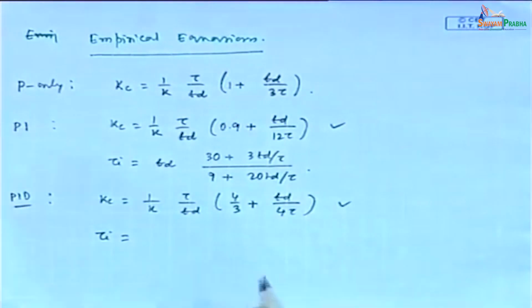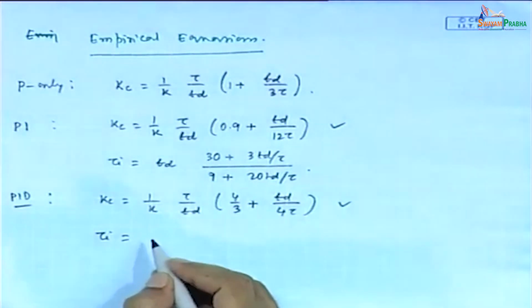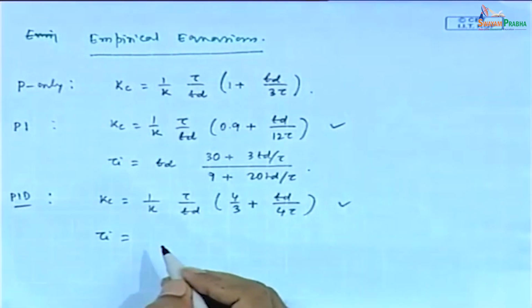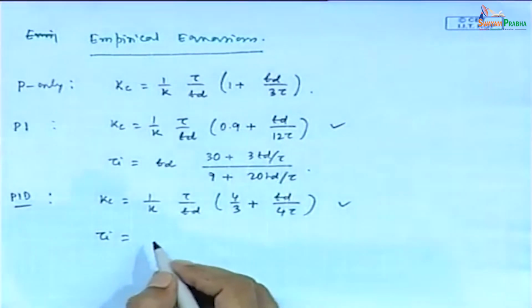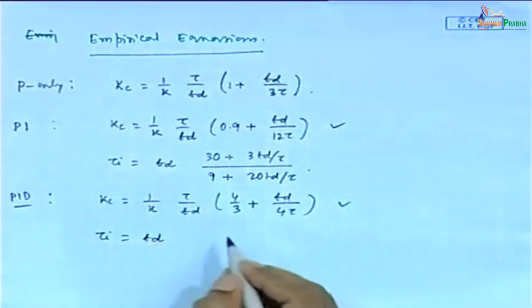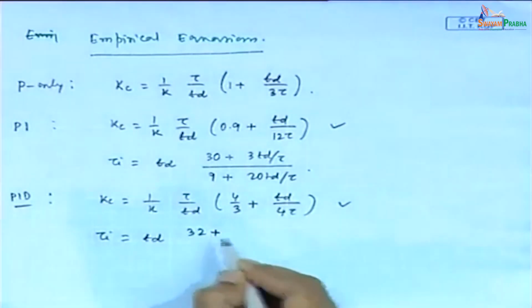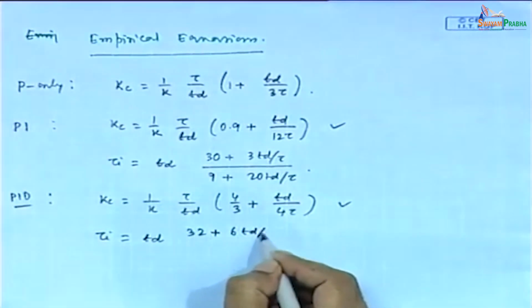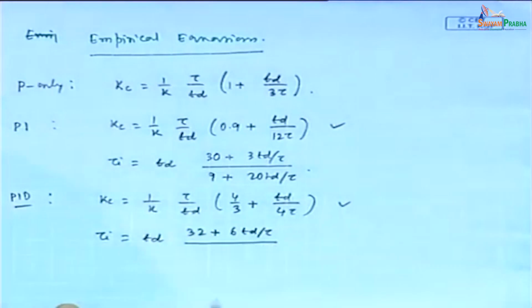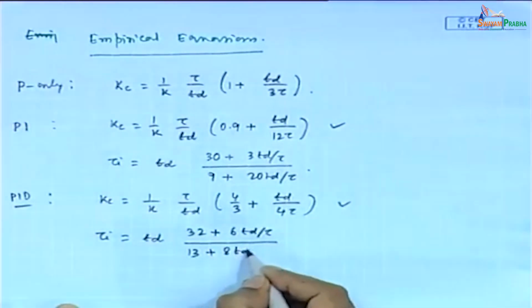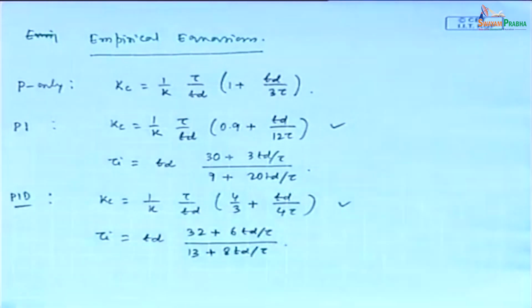For tau i, the expression can be written as tau i equals Td, 32 plus 6 Td divided by tau, divided by 13 plus 8 Td divided by tau.